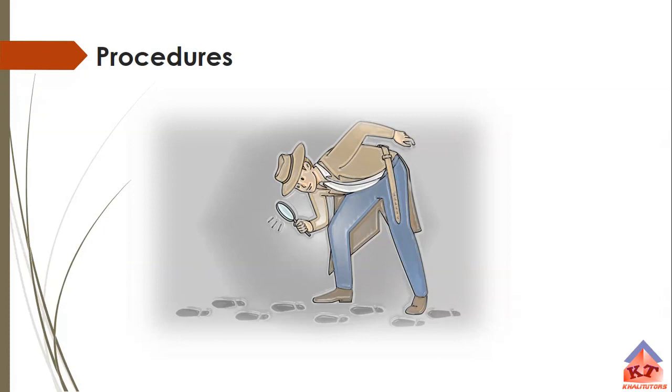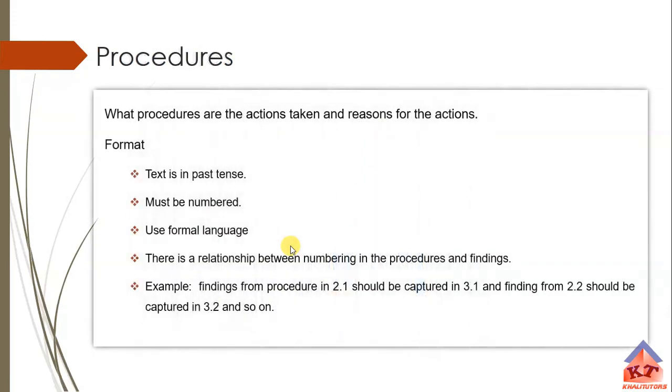Okay, let us look at the format of procedures. As I had explained in the previous slide, procedures are just the actions taken and the reasons for those actions. Okay, so when you're writing your procedures, it is important to take note of the format. For example, the text must be in past tense.